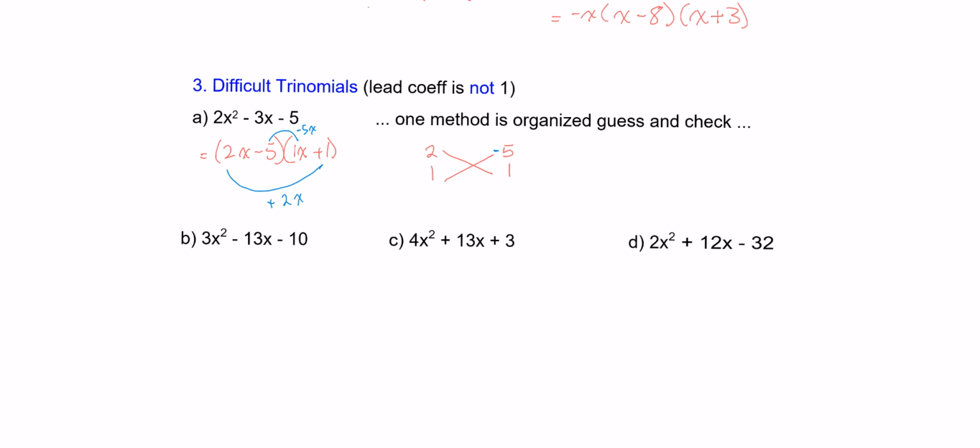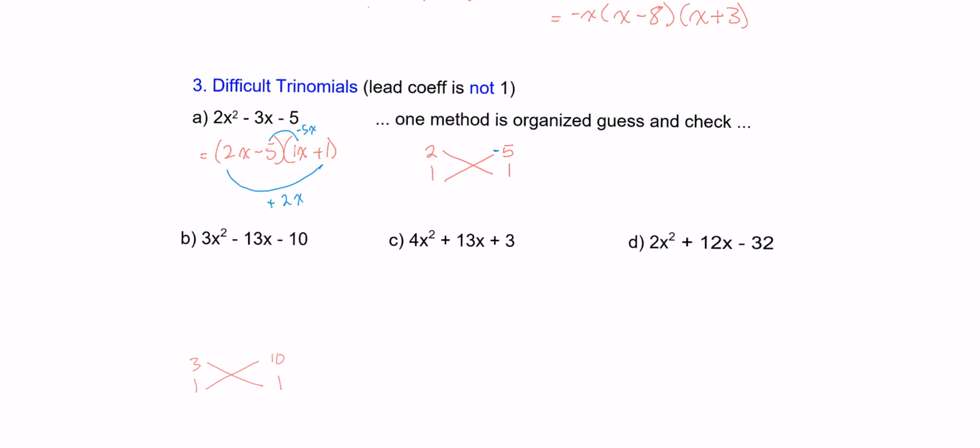So in this case, I've got 3 and 1 again, but then I also have 10. 10 could be broken into, well, I could make it 10 and 1. Let's try that. 3 times 1 gives 3. Perfect. 10 times 1 gives 10. Yeah, that works for the last part.